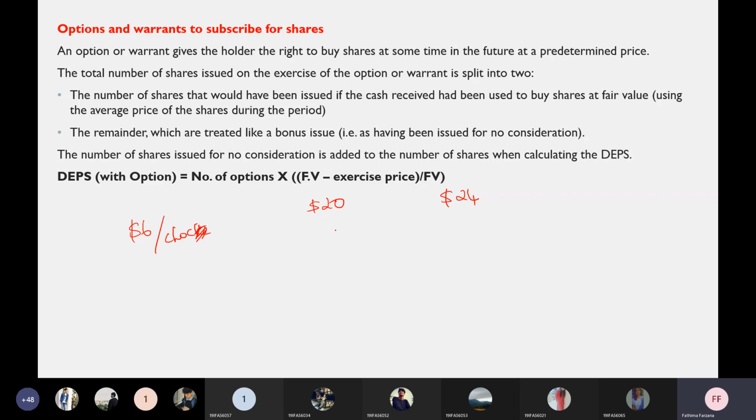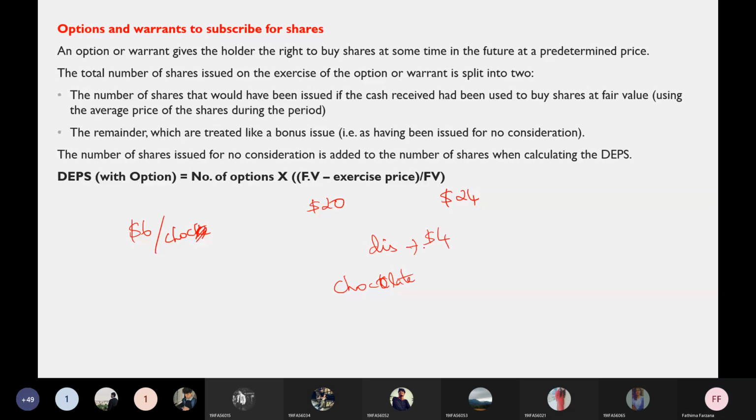No, 4 chocolates given on discount. See, $4 is the discount. I'm asking how many chocolates are given on discount? 6. Entire 6.